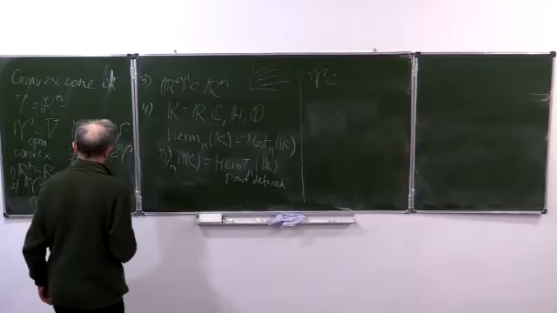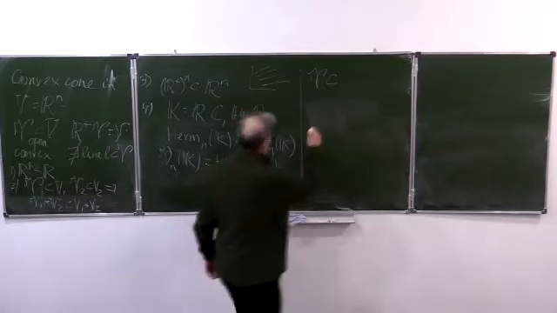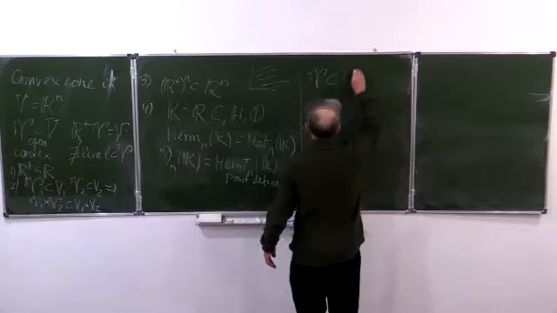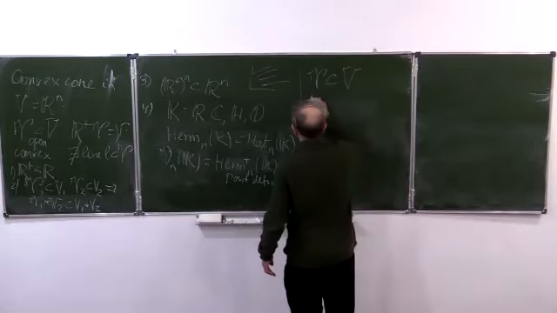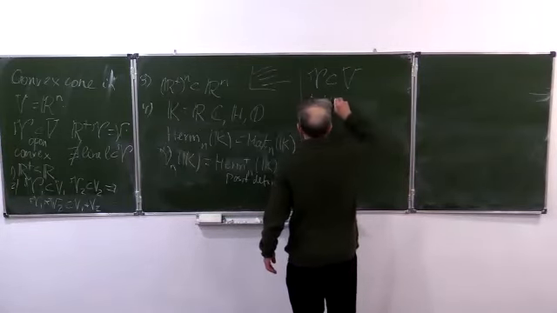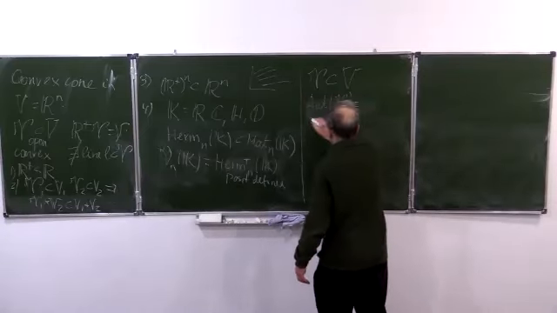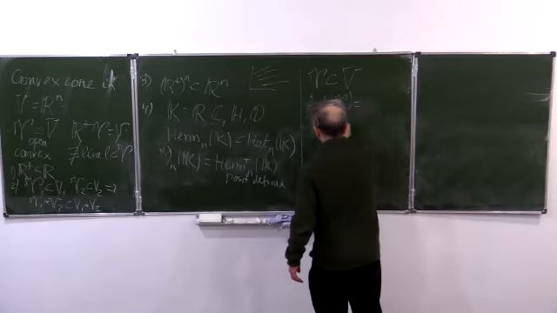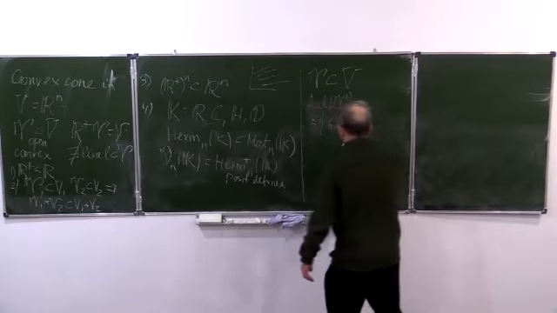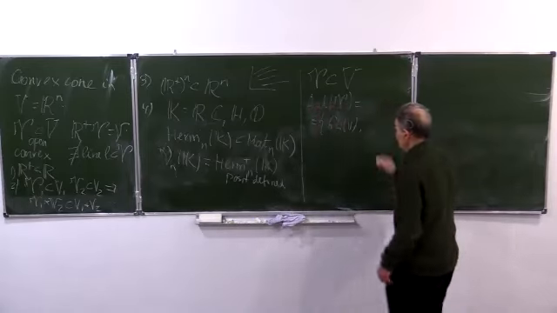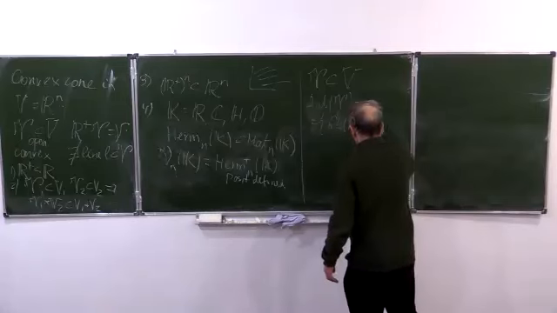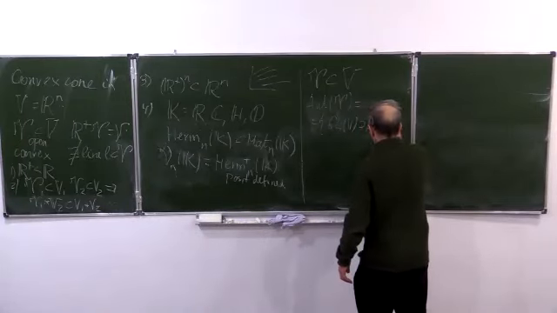And then assume that we have such a cone in V. Then we can define the group of automorphisms of V, which is a subgroup of GL(V), the linear group of linear transformations, which preserves this cone.